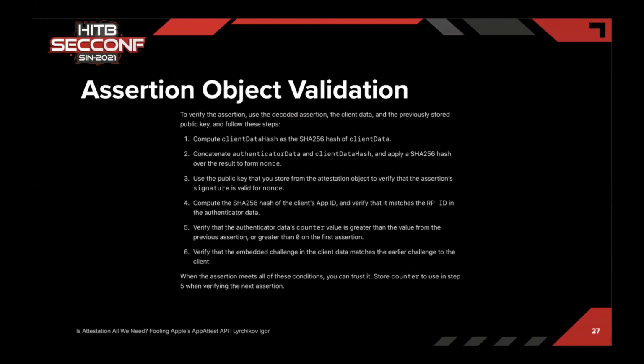Let's quickly go through the process of assertion object validation. I can say it's mostly the same as the attestation object verification. You can check that the incoming server request was signed with the previously generated private key and all necessary hashes are the same. And after the assertion is verified, you can trust the incoming request and consider it as not tampered.